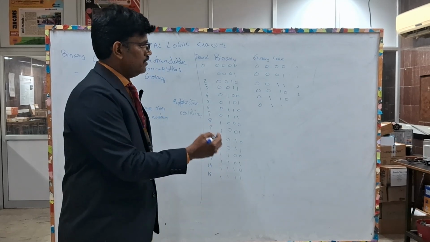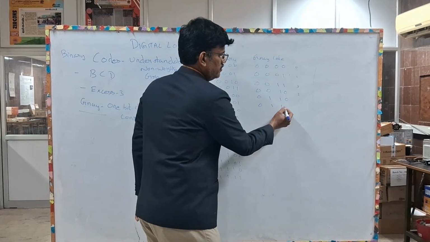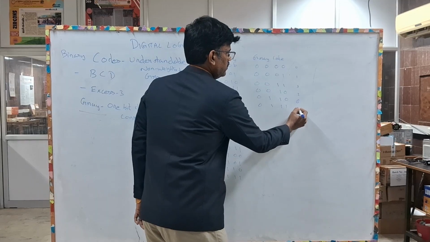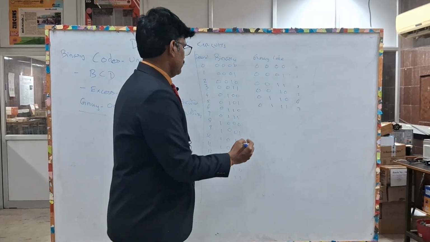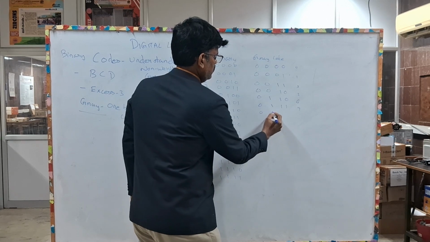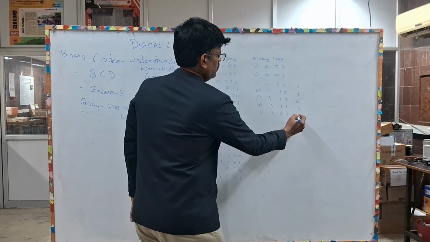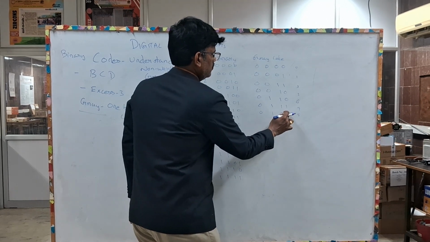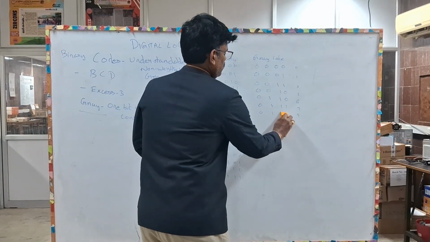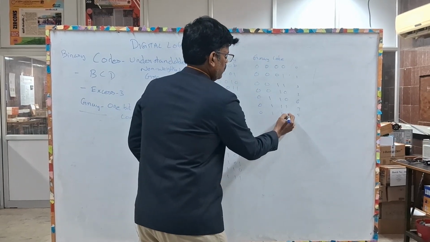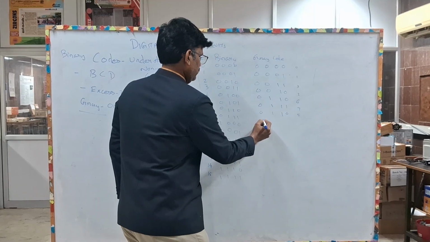So the codes, so we have this. This is 6, 7, that is, if you are trying to check with the weighted code.